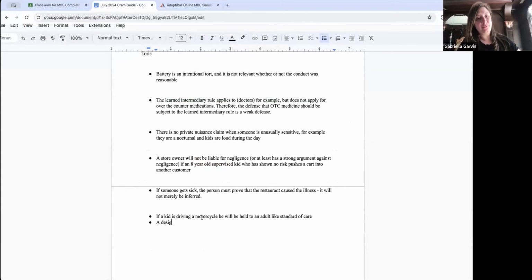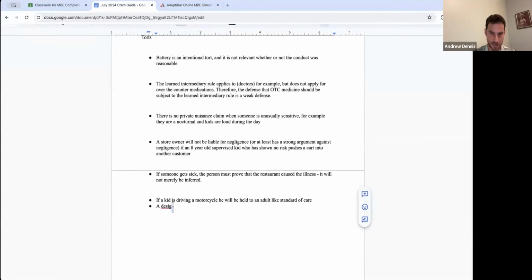Okay. So a design defect occurs if a product is unreasonably dangerous, especially if there is evidence of an alternative, safer design at the same price.